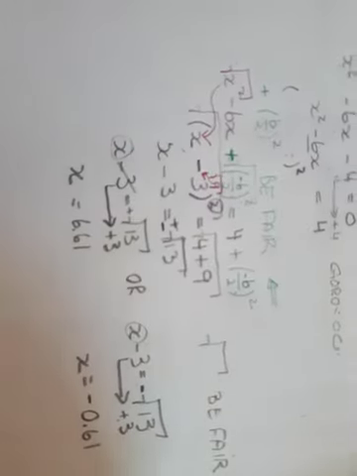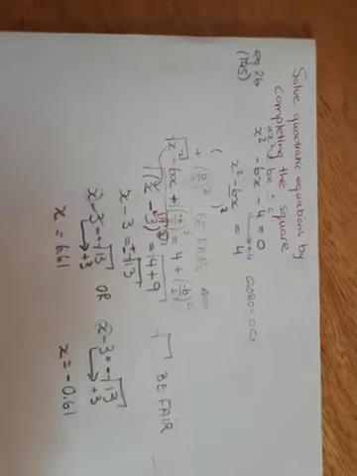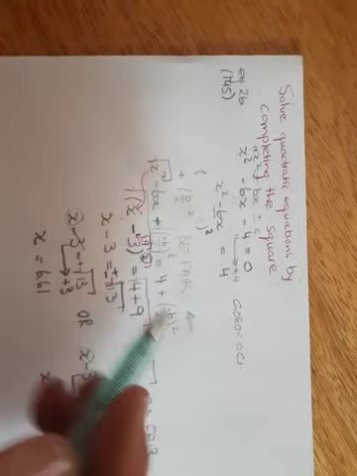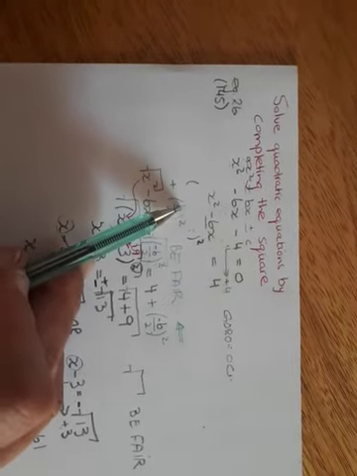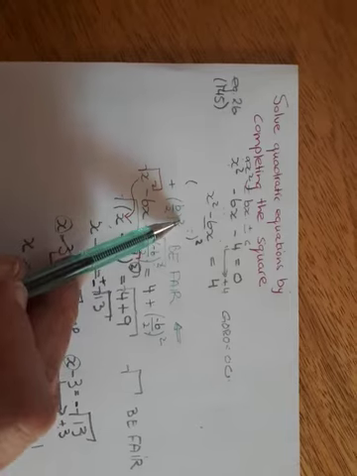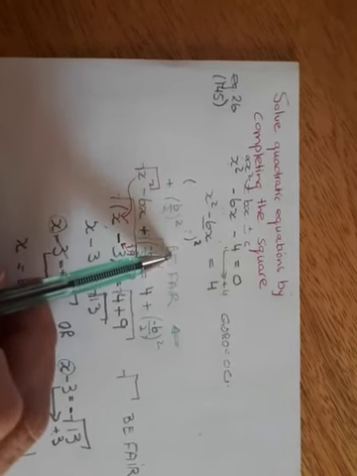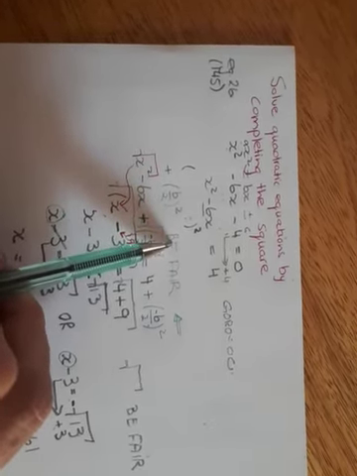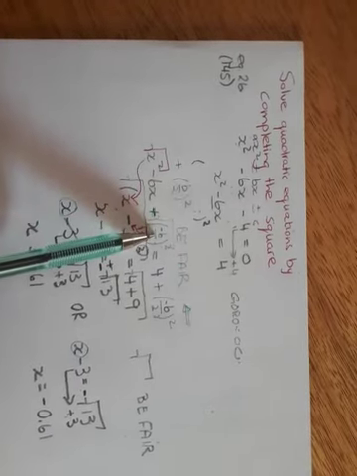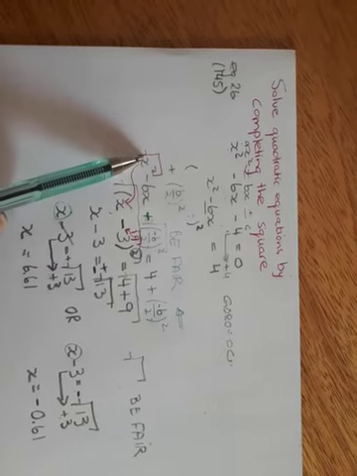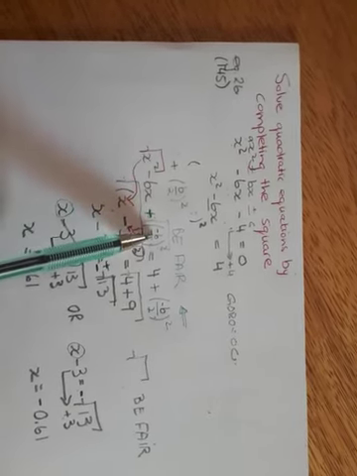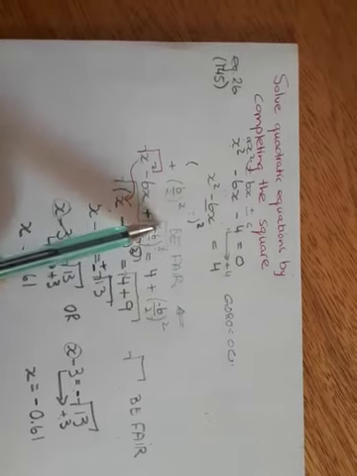So this seems to be really complicated, but what you must just remember is that you add the value of (b over 2) squared, and that you do to both sides. That's why we call it be fair. And once you have done that, you can take the square root of the first term to make it the first term in the bracket. Take the square root of the third term.